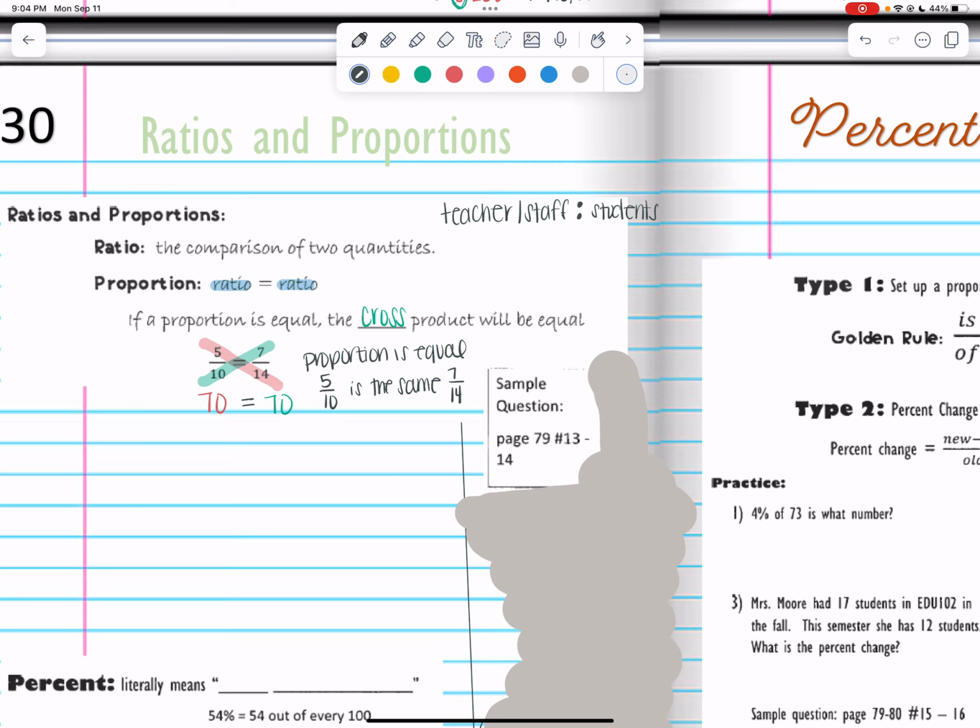Or the quicker way is just to do the cross product. If the cross products are equal, then the fractions must be equal. And how we're going to apply this is going to be on the next page where we have proportions with one of the quantities unknown. There's an X somewhere.